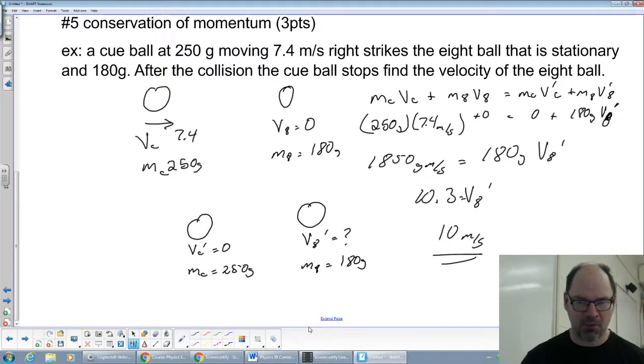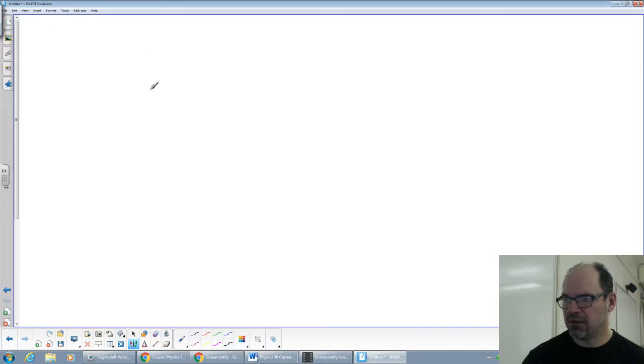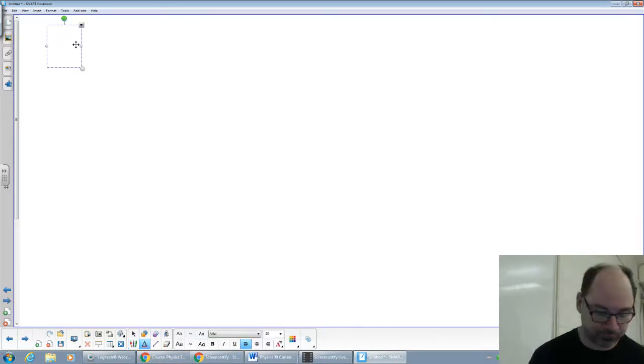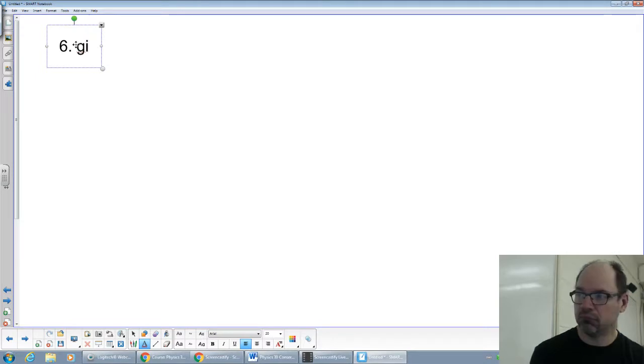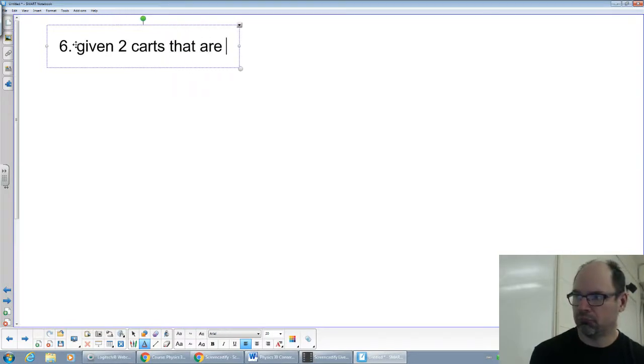Okay, 6 is another momentum question. It is an explosion lab type question. So number 6: you'll be given 2 carts that are going to be exploded, like the spring cart.